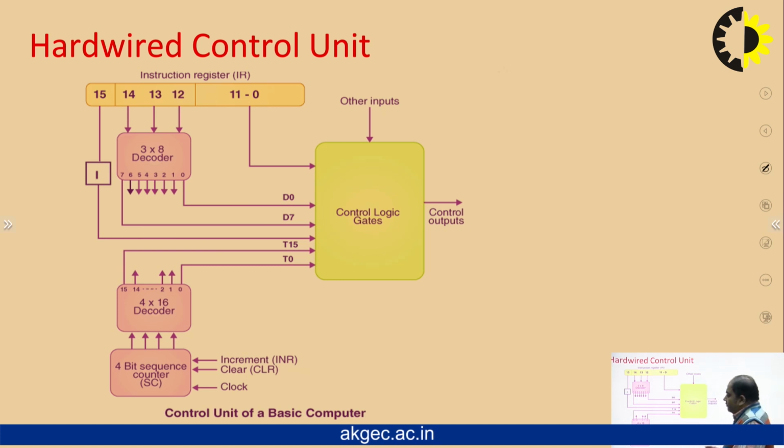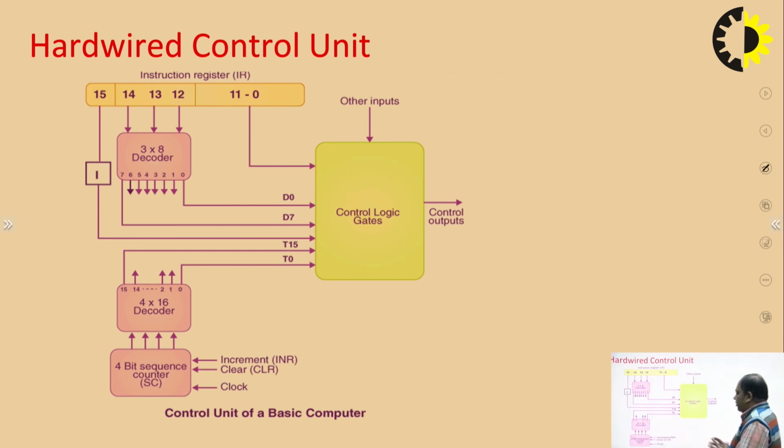It has a 4 to 16 decoder and a 4-bit sequence counter which can be incremented or cleared. Then from the control logic gates there are some control outputs, and the control logic gates have some inputs given to them, which generate the outputs.